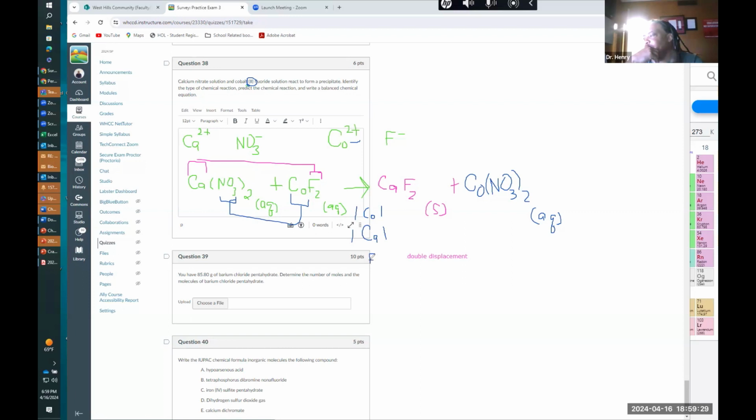Fluorine: we had two and two. And then we're going to put the nitrates together. So how many do we have? Two. Oh no, six. No, we're talking about the whole thing. So it's two and two, right? Yep, that's right, because we're looking outside the parentheses. So it's balanced.